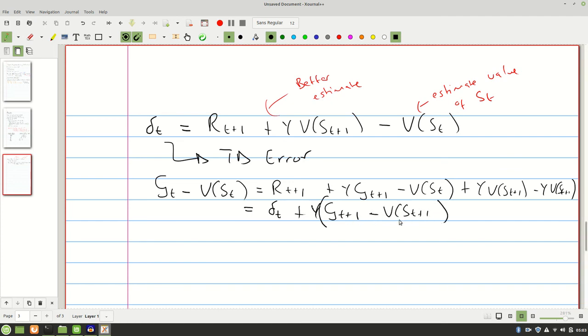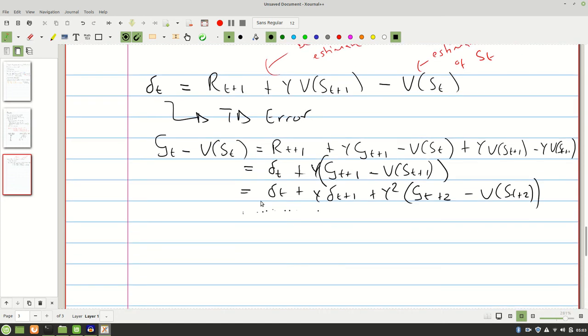And you can already see that this is starting to look like what we have over here, and this is equal to delta t plus gamma delta t plus 1 plus gamma squared G t plus 2 minus V S t plus 2. As you can imagine, this will continue like this. I hope you can already see what the pattern is here. It should be pretty clear and easy.